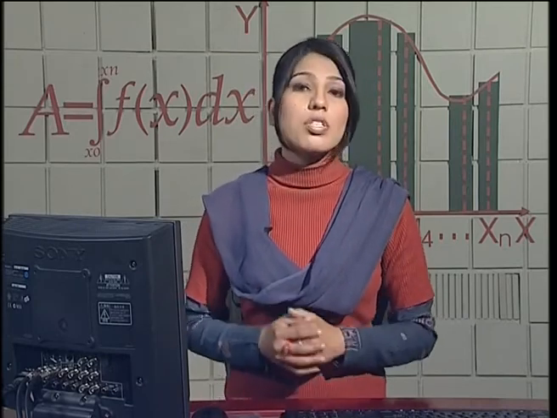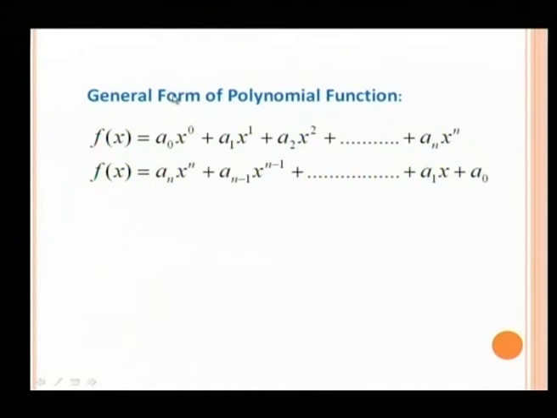You can see the general form of polynomial functions on the screen. The general form of polynomial can be like f of x is equal to a naught x raised to the power 0 plus a1 x raised to the power 1 plus a2 x raised to the power 2 plus, up to so on. The last term would be like an x raised to the power n.